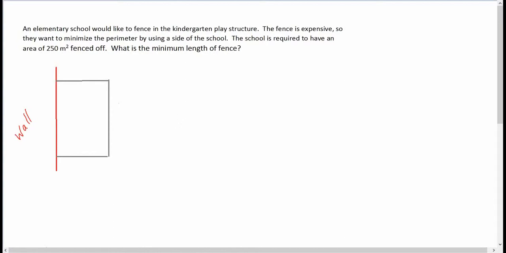Okay, and let's just highlight some of the important terminology here. So we're trying to minimize the perimeter. That's important.